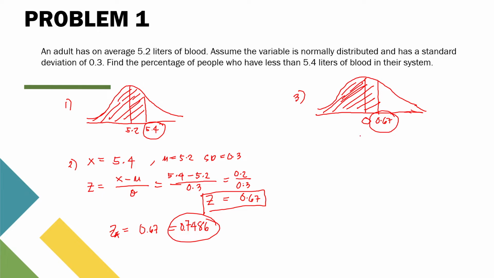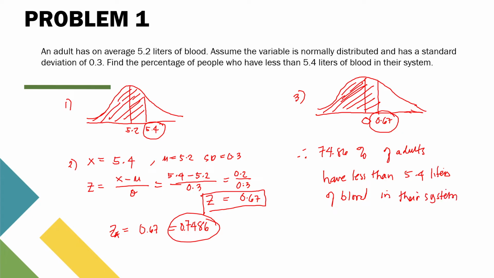So we can say that 74.86% of adults have less than 5.4 liters of blood in their system.